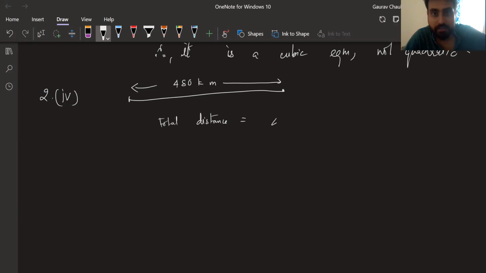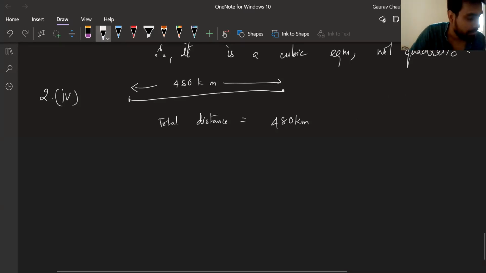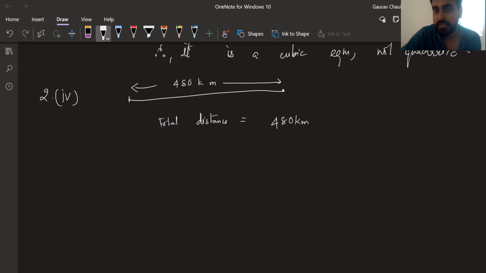Another important point is that the speed is uniform, which means I can take a single variable for the speed, which means I can use the formula speed is equal to distance by time.